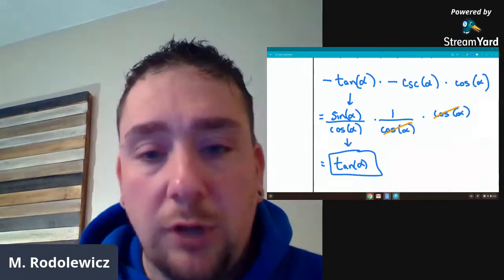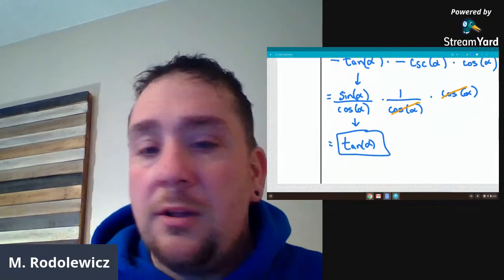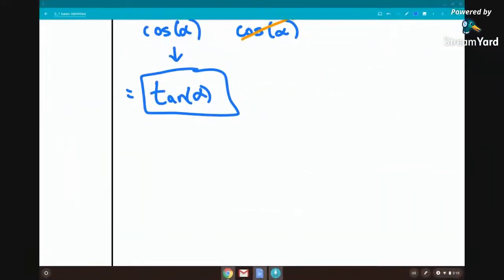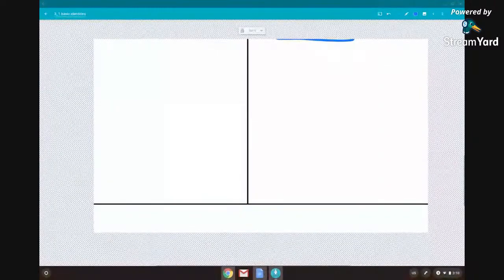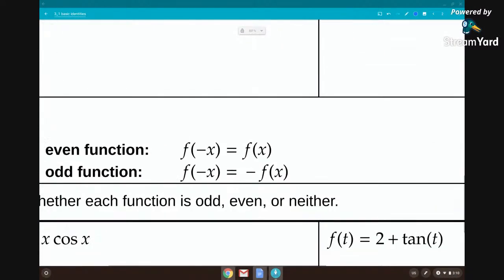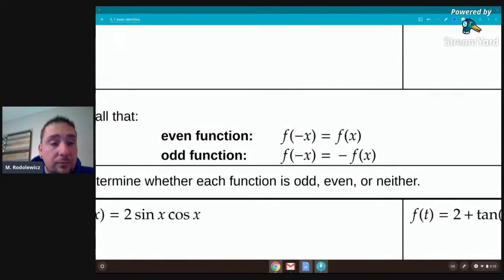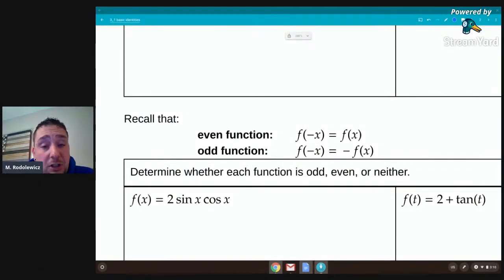Right? So where are we now? Moving right along. Back to our sheet. Just emphasizing again what I just went over, that an even function is any function that has the property f of negative x equals f of x, and an odd function is any function such that f of negative x equals negative f of x.